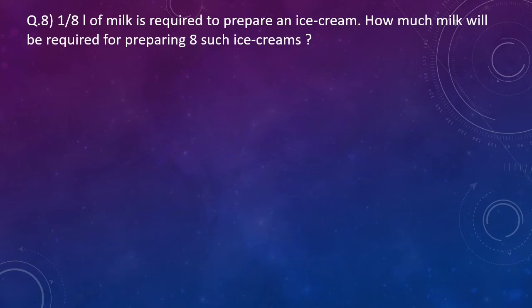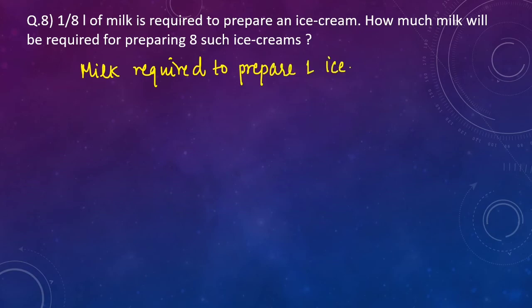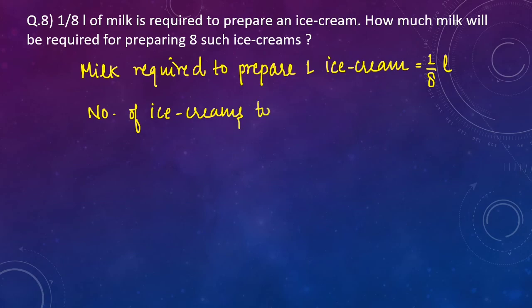So, it is given to us in the question that milk required to prepare one ice cream is equals to 1 upon 8 liters. Number of ice creams to be prepared is equals to 8.